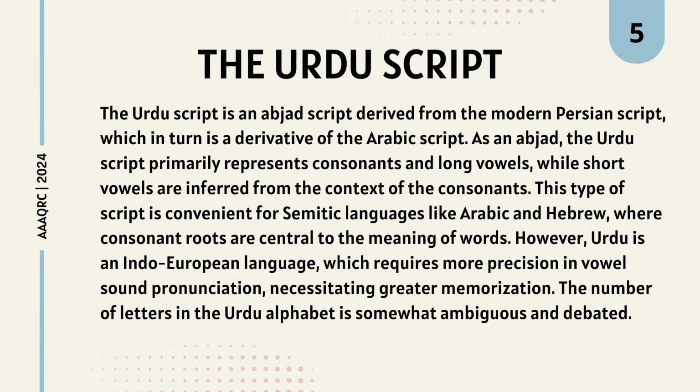Urdu consists of 39 basic letters and 13 extra letters, making a total of 52 letters. This may sound confusing: why are there 13 extra letters and 52 letters? We will learn about this later.